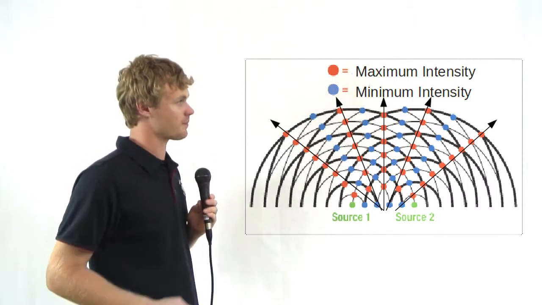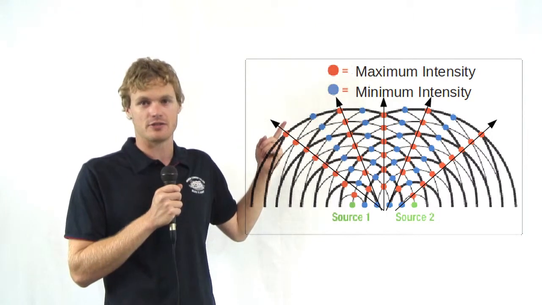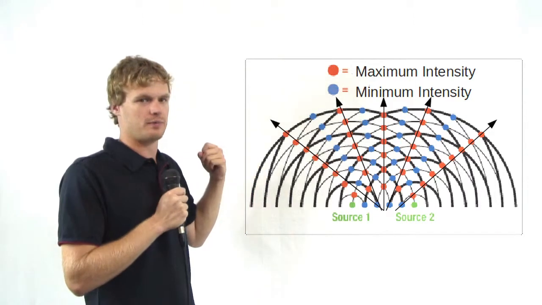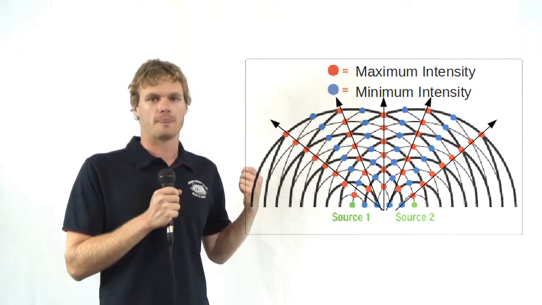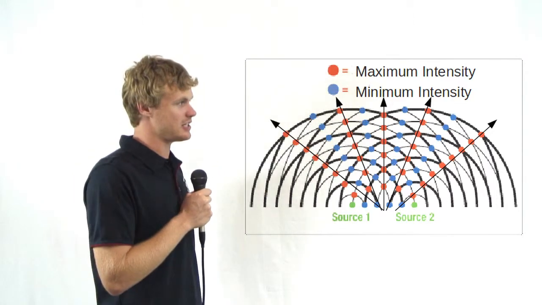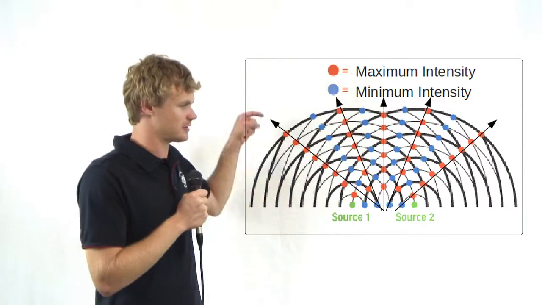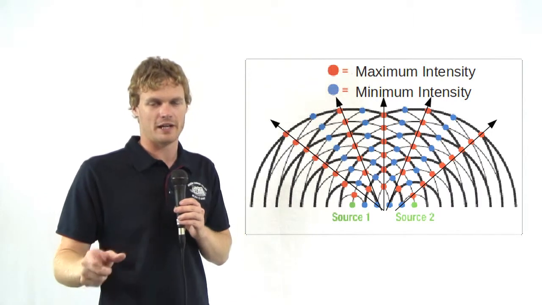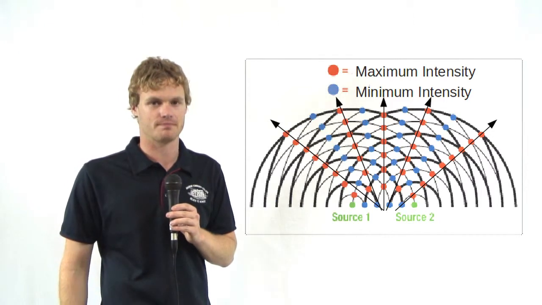You can see the points where our amplitudes are going to be increased due to constructive interference, and points where our amplitude is going to be decreased or possibly annulled due to destructive interference. So at each of these points we're going to have the travelled path difference of the two waves at either m lambda wavelengths or m plus a half lambda wavelengths.